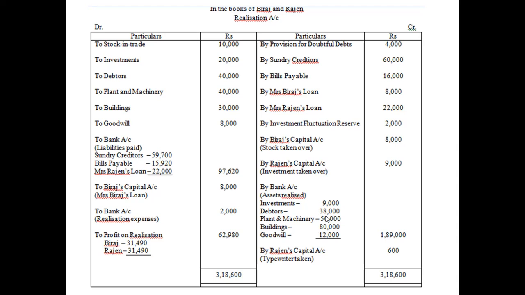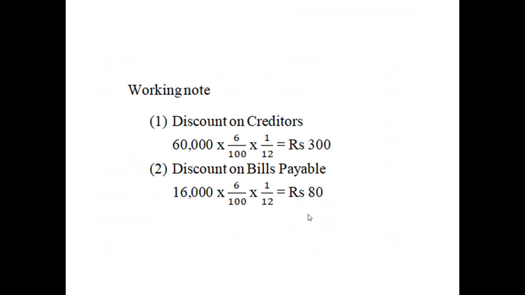So we can have this kind of adjustment here. 60,000 into 6 by 100 into 1 by 12 equals rupees 300. Again, after that we have a discount on bills, 16,000 into 6 by 100 into 1 by 12 equals rupees 80.